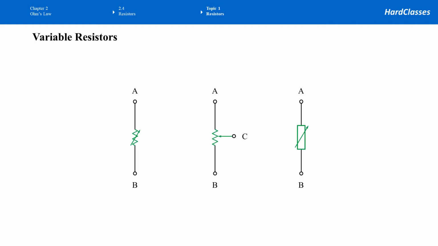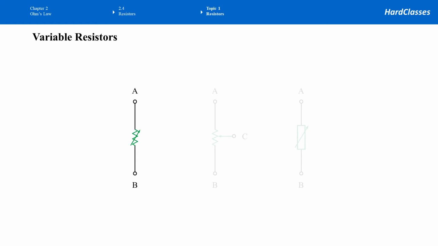This slide shows 3 different resistors. All these 3 resistors are variable resistors. The first one on the left is a generic symbol that represents variable resistors. It just means the resistor value can vary, can be changed. Its value changes when the environment changes.